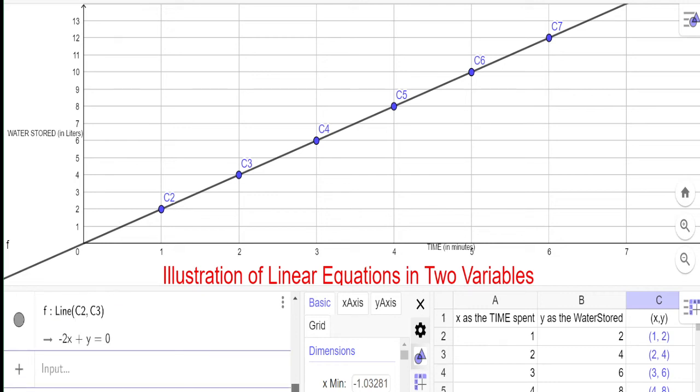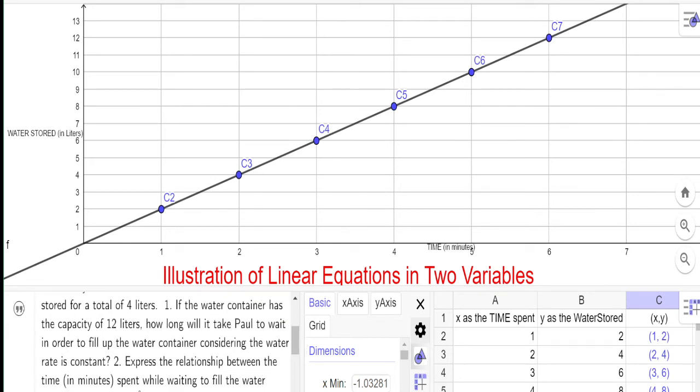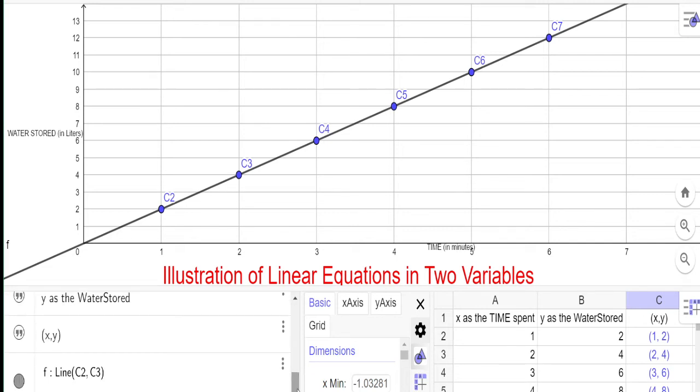We will be able to answer the question. Okay, tingnan nyo, dito. So, the second question talks about the relationship between time in minutes while waiting to fill the water in container. So, this is actually the third type of illustrating a linear equation in two variables.